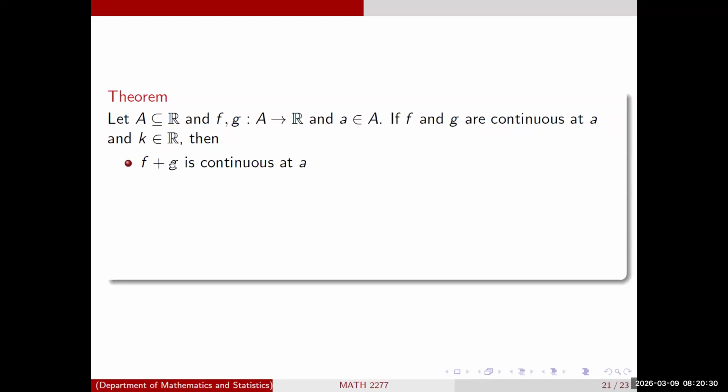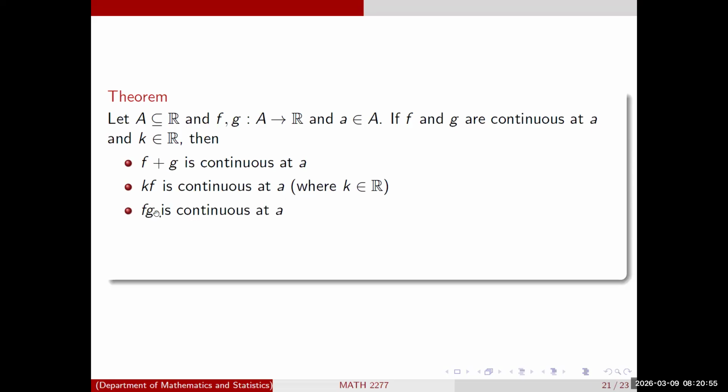So another way that we say this is that the sum of continuous functions is a continuous function. If I multiply a continuous function by some number, by some scalar, then the resulting function is also continuous. Okay, so the multiple of a continuous function is continuous.